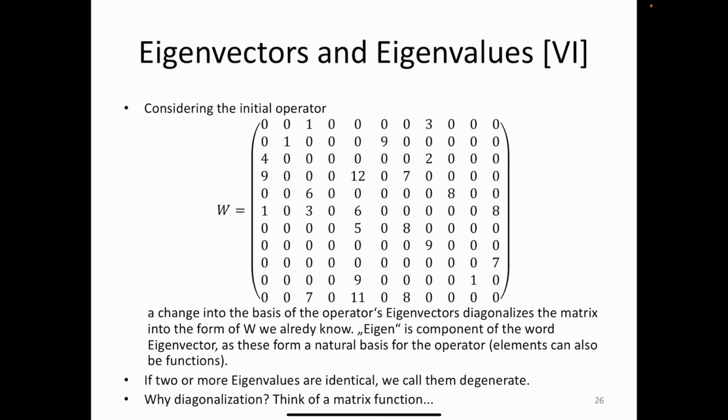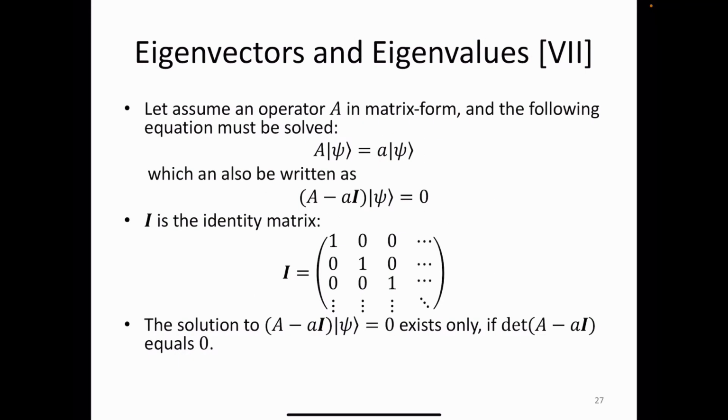One more thing with regard to describing them. If two or more eigenvalues are identical, we call them degenerate. If we continue here, let's assume an operator A, as we just saw before in the definition of eigenvectors and eigenvalues.